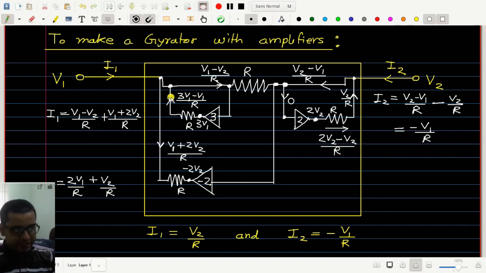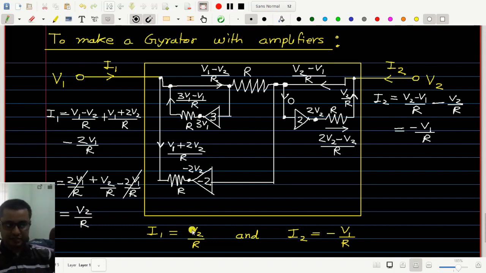So let me add this current here, minus 2V1 by R. Here also minus 2V1 by R, and these two will cancel and we will have V2 by R as desired. So in this way we will get I1 equal to V2 by R as we wanted.